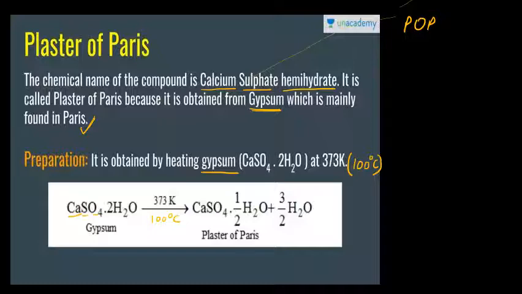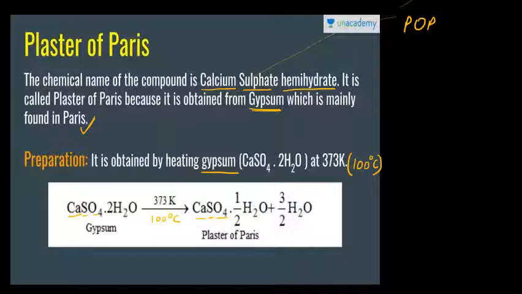The formula of plaster of Paris is CaSO4·½H2O. That means calcium sulfate hemihydrate. What does this mean?